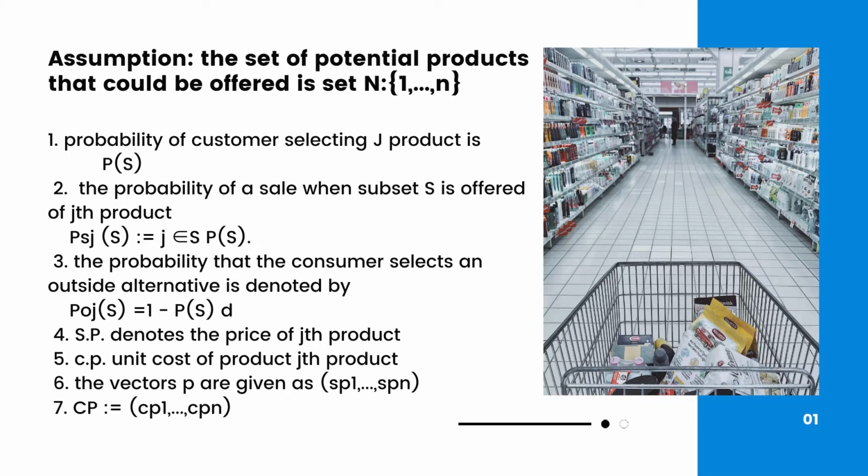The vector of prices is given as SP1, SP2, SP3 up to SPN, which is the selling price of the first product, second product, up to the selling price of the nth product respectively. The same goes for the cost of the products, which is denoted by CP and given by CP1, CP2 up to CPN, where CP1 is the cost price of the first product, CP2 is the cost price of the second product, and CPN is the cost price of the nth product.